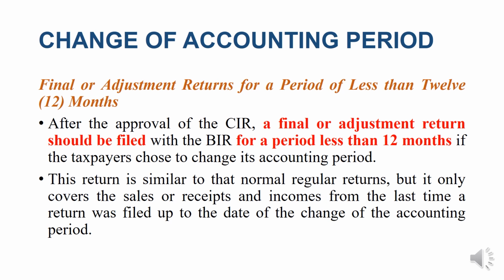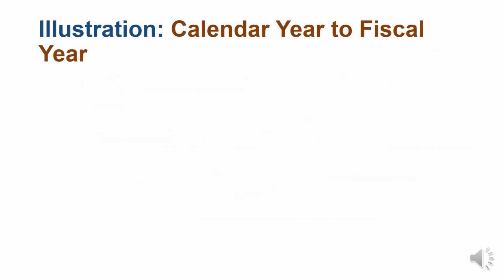So we will illustrate this scenario. For example, there is a change from calendar year to a fiscal year. So again, when I say calendar year, this begins on January 1 and ends on December 31. Now the change is to adopt a new fiscal year which begins any date of any month other than January 1. Okay?